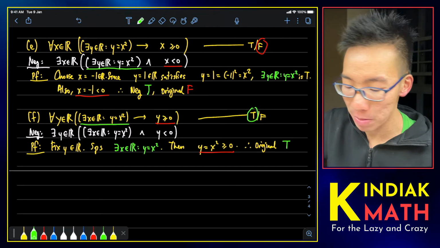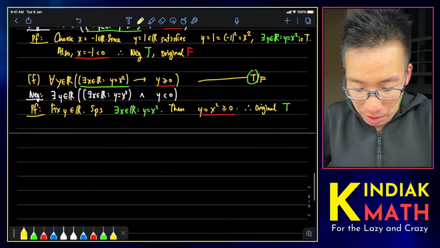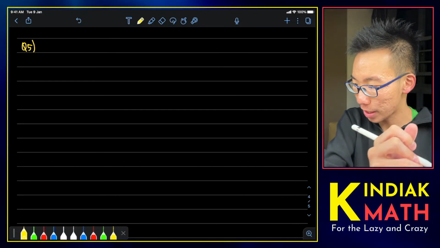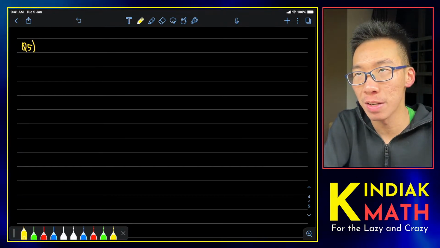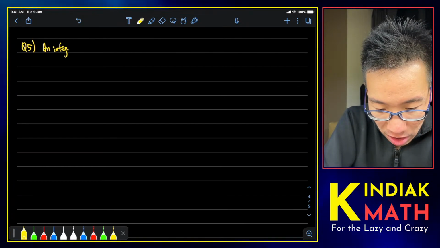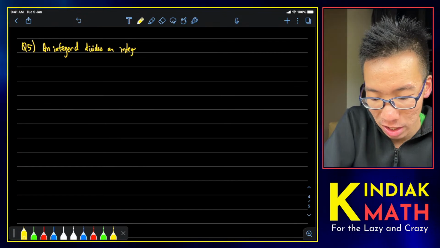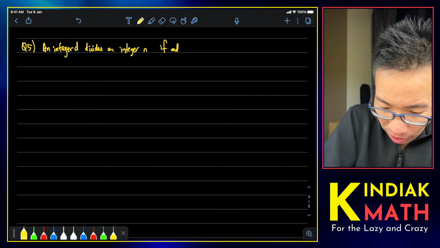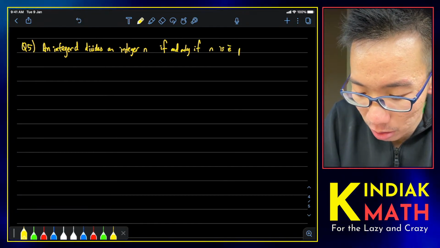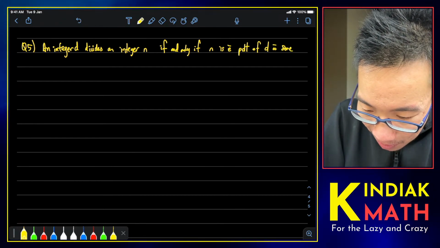Now we have a few more propositions we can try to negate and do all that good stuff. So let's go ahead and attempt those. Let's consider this one. We want to write propositionally the statement that an integer d divides an integer n if and only if n is the product of d with some integer.